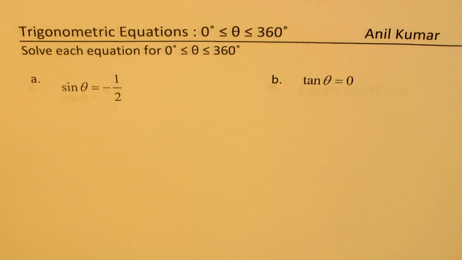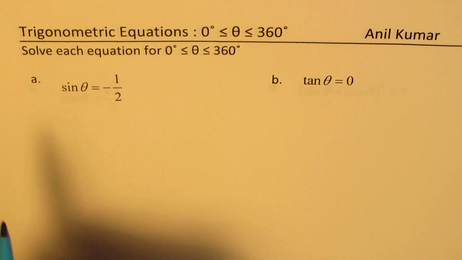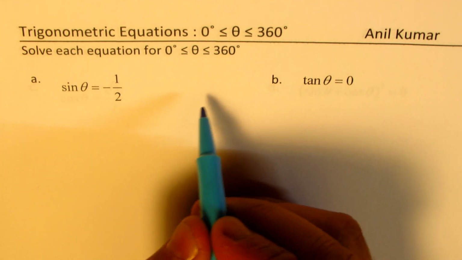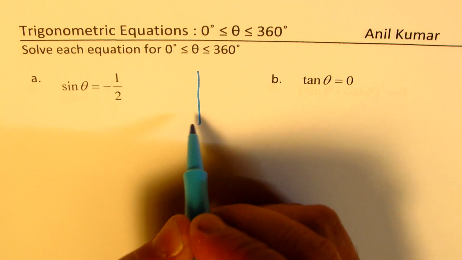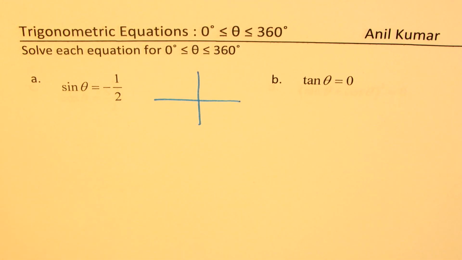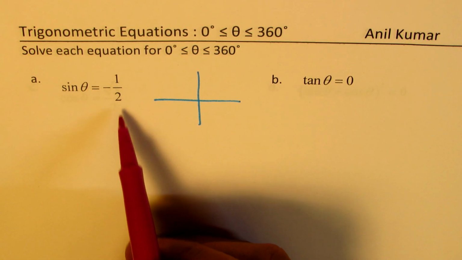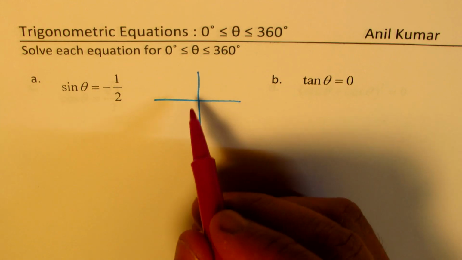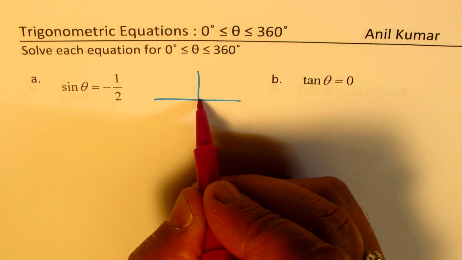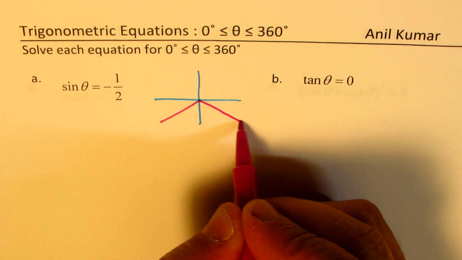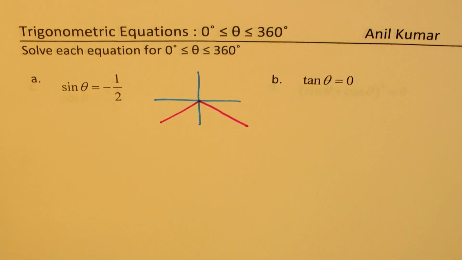Sine theta equals to minus half. So when you have to solve trigonometric equation, you should look at it like this. Look into the quadrants. We are looking for sine theta to be minus half. That means it is negative, right? Now, negative means our answer lies in quadrant 3 or in quadrant 4.